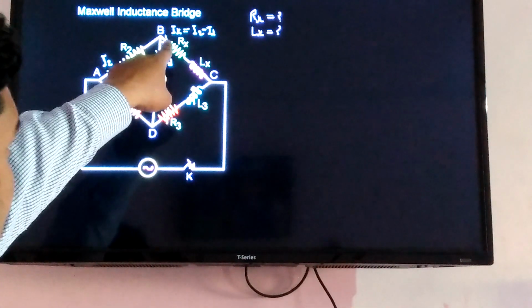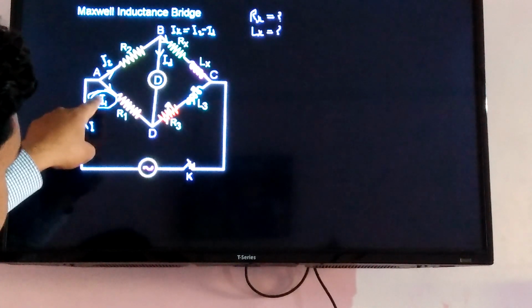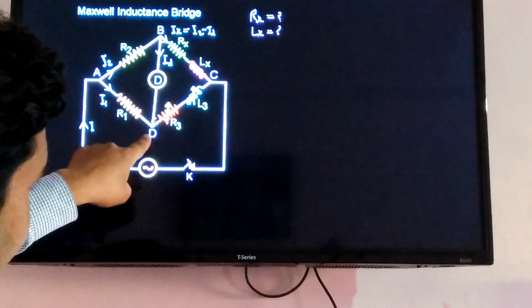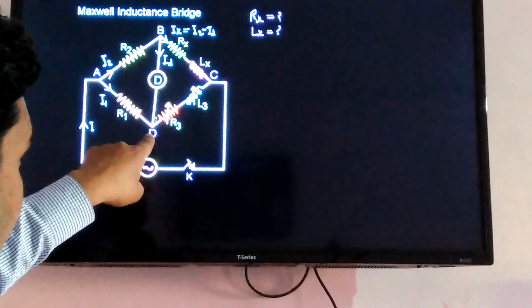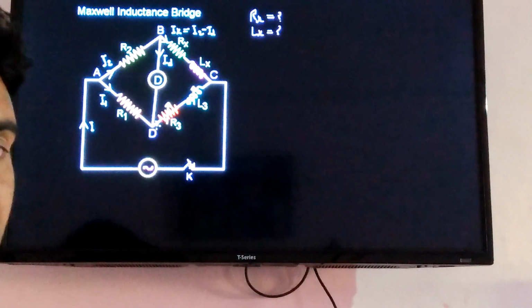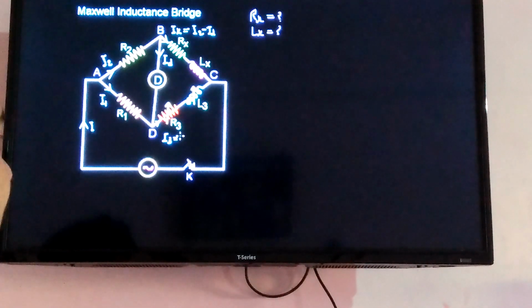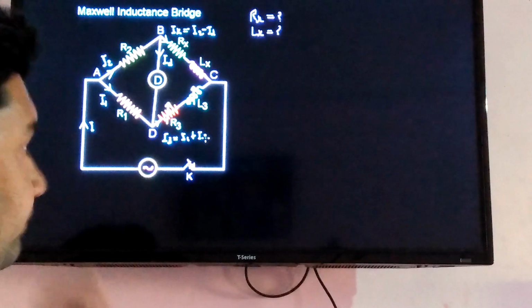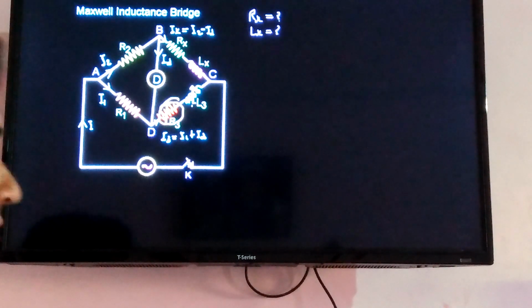When this current goes from here, it becomes I1, and when it reaches this point, it becomes I3. The value of I3 is equal to I1 plus ID. These are the values of the currents.